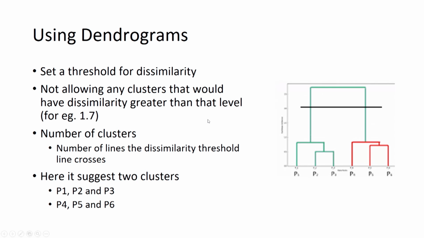Now, we can find out the optimal number of clusters using the dendrogram. What is the idea? The idea is that we will take the longest distance between two clusters that were added. So, here the distance between these two clusters was this, then the distance between these two clusters is this.